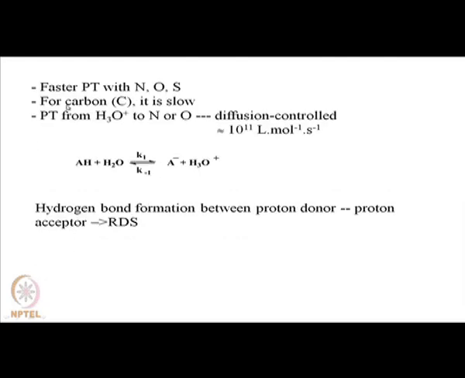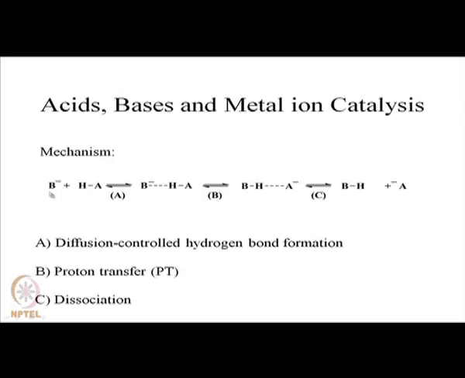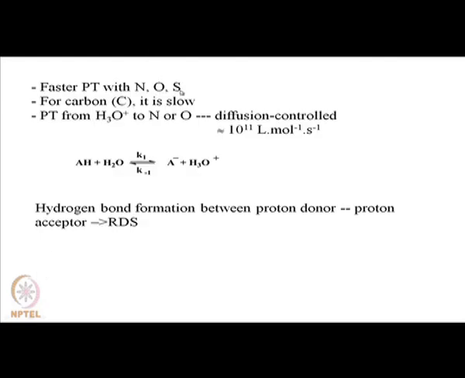Now, faster proton transfer has been found to occur with nitrogen, oxygen or sulfur. So, for this B minus, if the interacting atom in B, the atom which interacts with this hydrogen to form a hydrogen bond, is nitrogen, oxygen or sulfur, then this proton transfer has been found to be very fast.